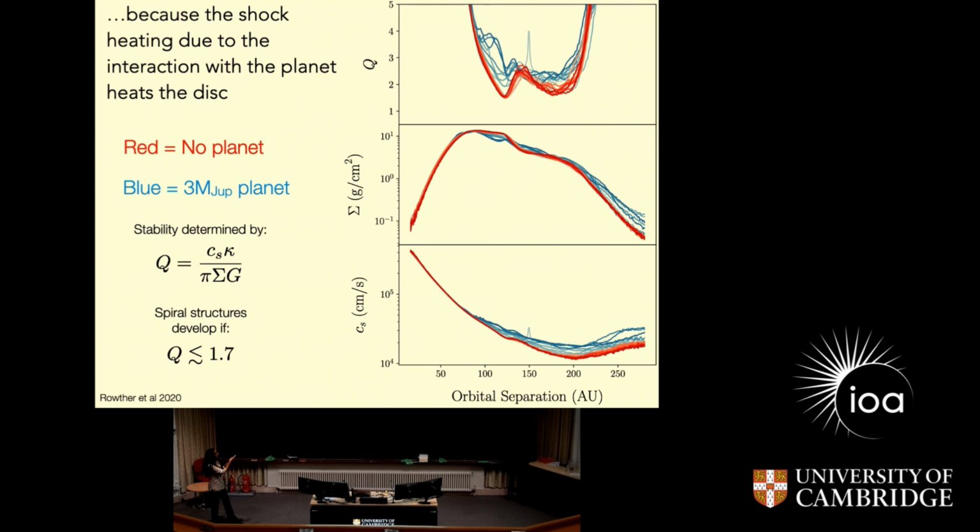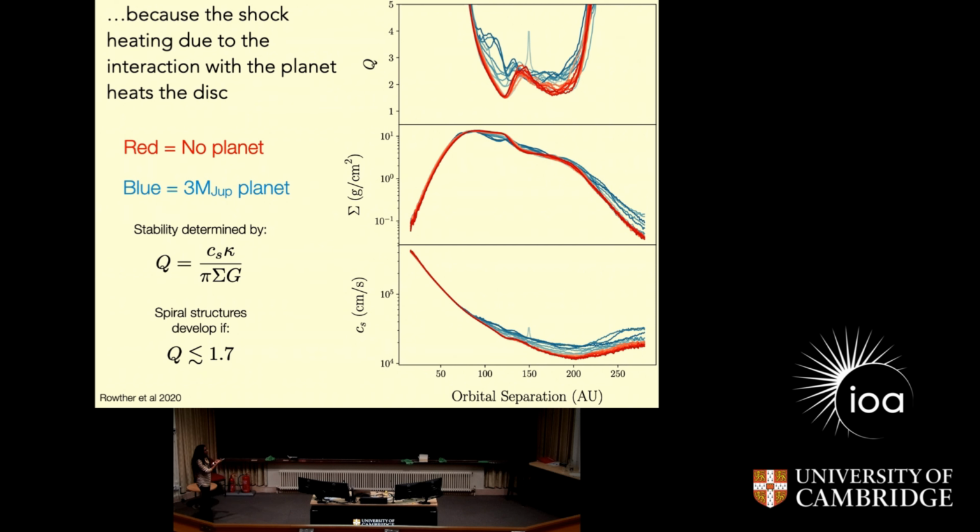What you see with the blue case is that later in the simulation, the darker colors, you actually have an increase in this stability parameter. Let's try and understand why. In the middle plot, we're seeing the surface mass density. What you can see generally is that in both of these simulations, things don't change with the surface mass density too much. But what is changing is the sound speed.